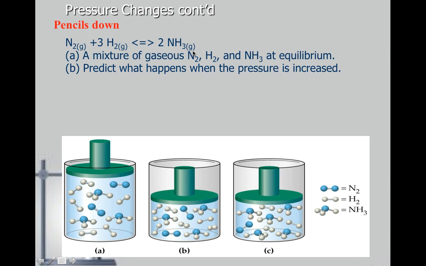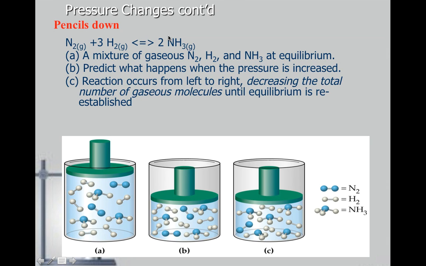So the side with the fewest moles of gas is here, okay, which is the right side of the reaction. So this reaction would shift to the right. Okay, and then the reaction occurs from left to right, decreasing the total number of gaseous molecules until equilibrium is reestablished.